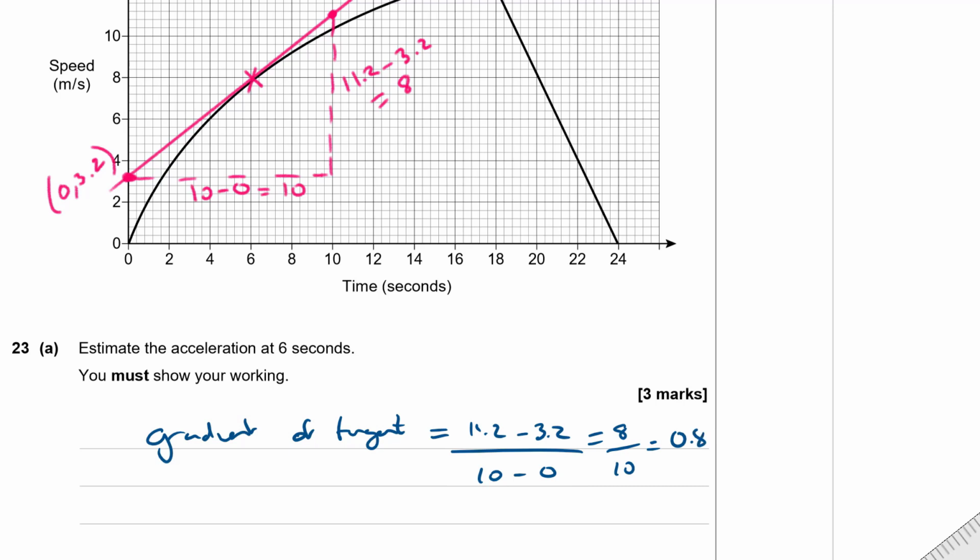So the acceleration then is 0.8 meters per second per second. So meters per second squared. Being very naughty here and writing over the lines. Don't do that in the exam.